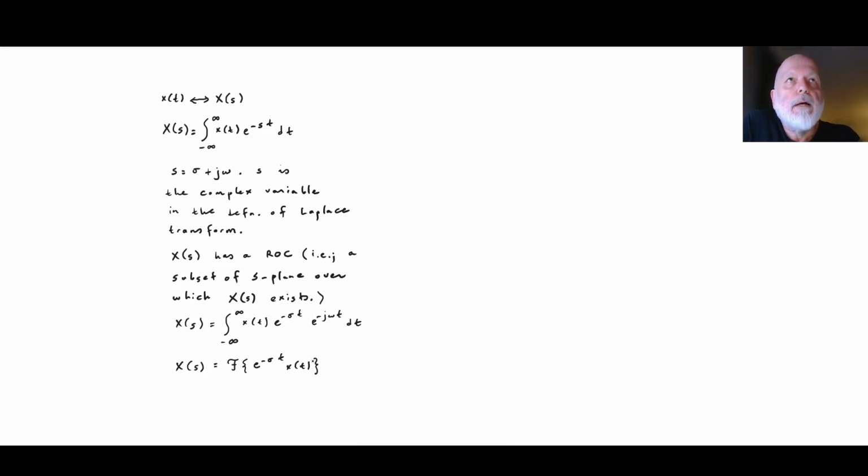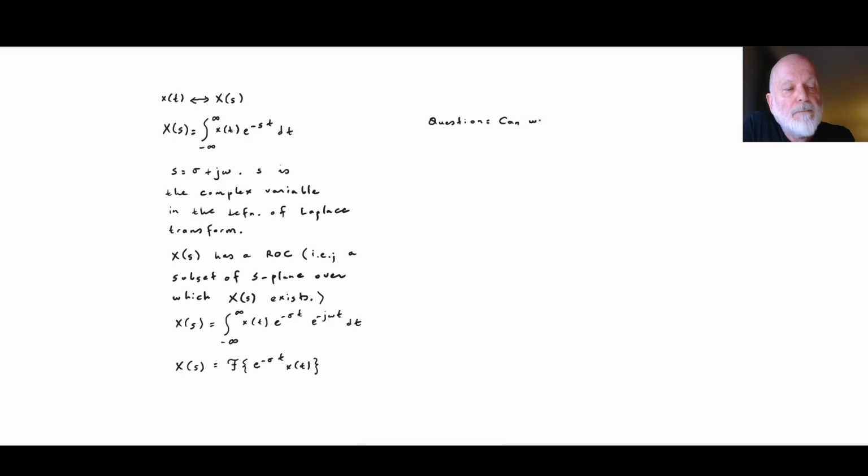Now, we ask the following question. Can we obtain X of omega, the Fourier transform of x of t, by simply substituting s equal to j omega, or simply by assuming that sigma is equal to 0 in X of s? So the question to be answered is the following.